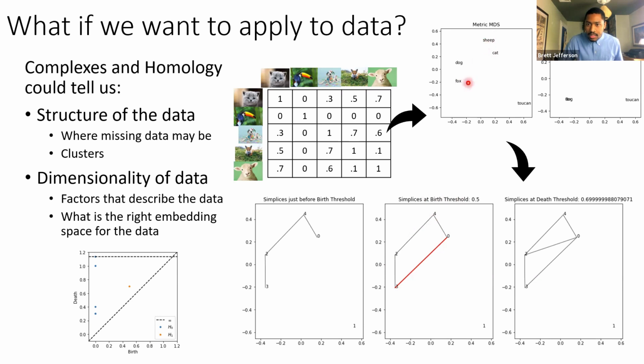So I go back and say, well, the sheep and fox might be 1 dimension, right? These are the antipoles on the hole. And maybe those are like barnyard animals. And then the cat and dog dimension might be another dimension of my data. So these are like pets and different types of pets. So maybe it's barnyard animals versus pets that best describes this data. Where does the toucan fit in? I'm not sure, but this is kind of an exploratory data method.